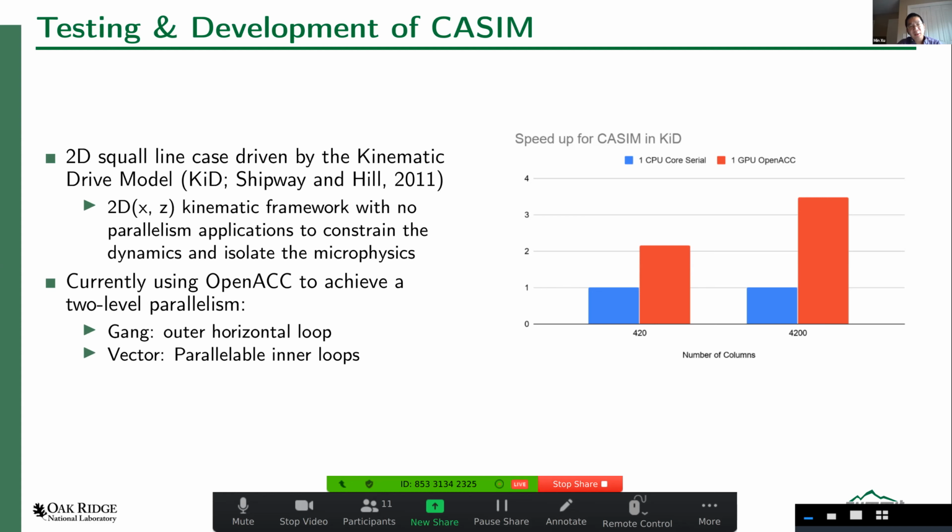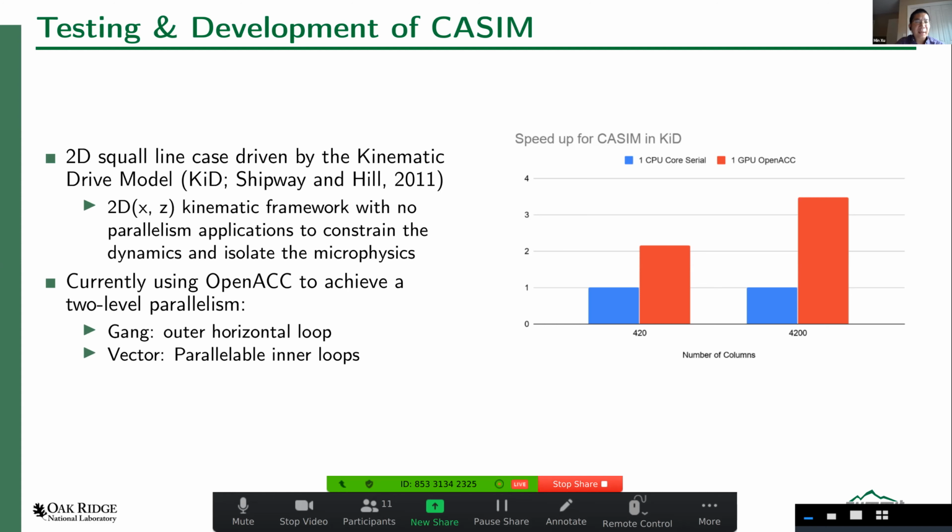The right figure shows the speed up. We can see generally the speed up for CASIM in the GPU acceleration run is 2 to 3.5 times compared with the serial run on Summit.